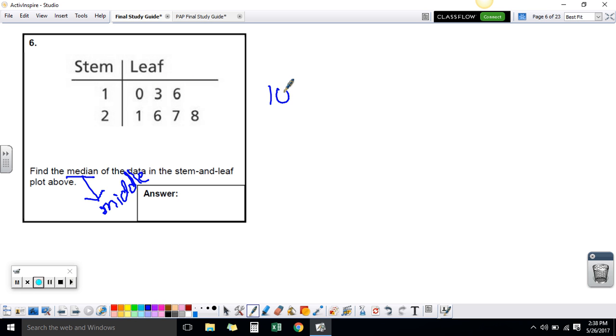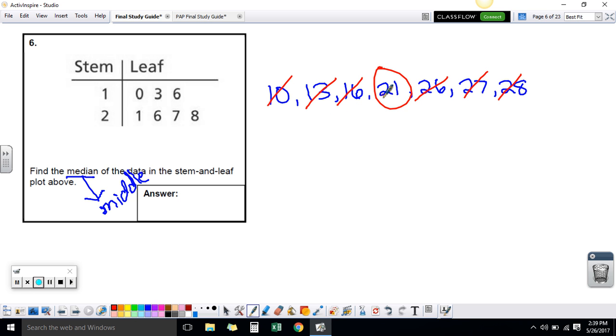So we've got a 10, 13, 16, 21, 26, 27, and 28. We're looking for the middle, so we're going to cross out from each end until we find our middle. Our middle number is 21. So the median of this data set is 21.